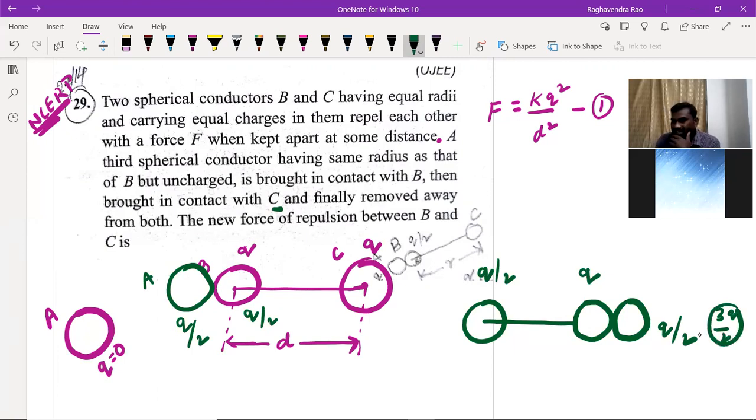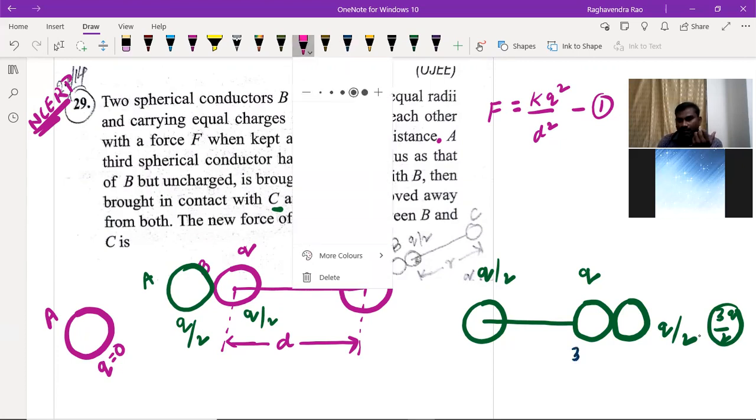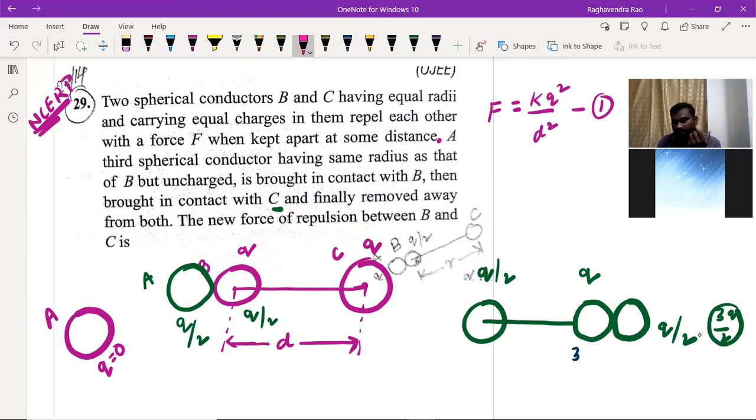Now this total charge of 3Q by 2 is equally redistributed between these two spheres. Half of 3Q by 2 means the charge on this sphere becomes 3Q by 4, and the charge on this also becomes 3Q by 4.